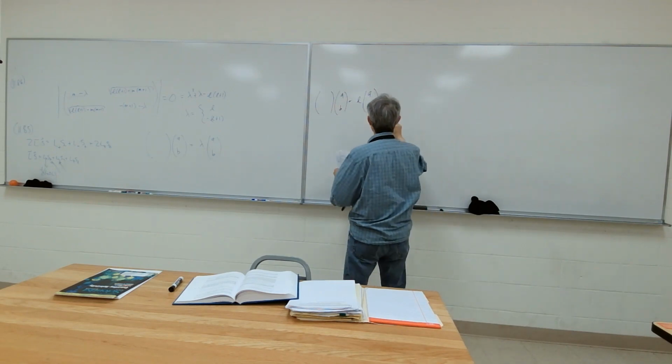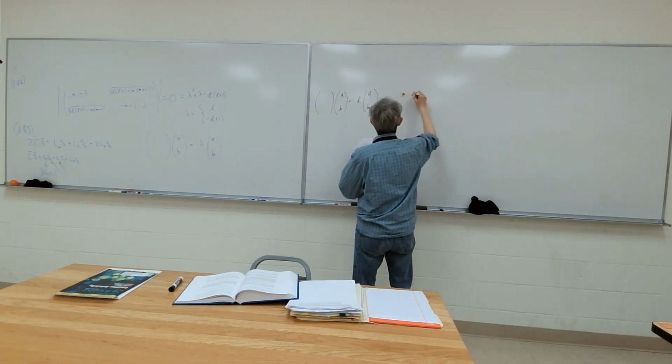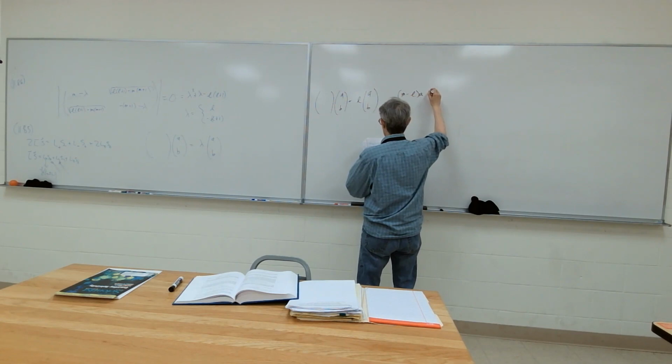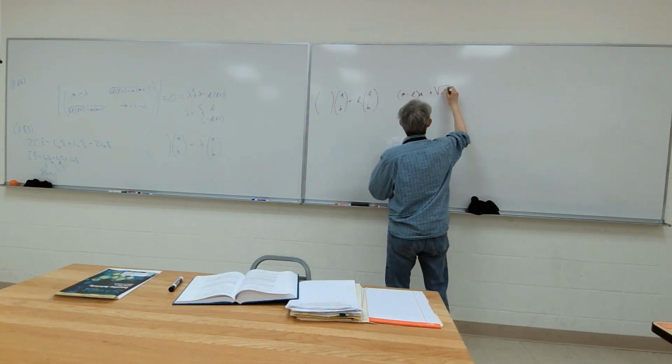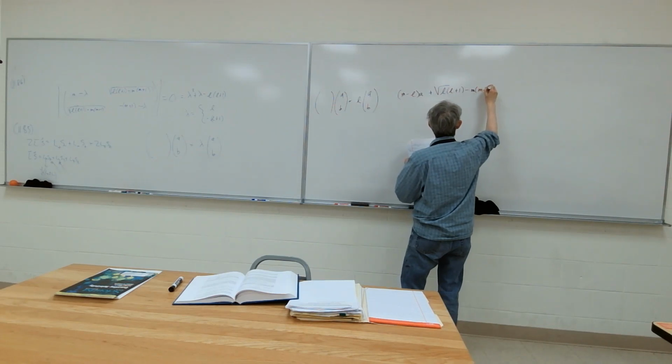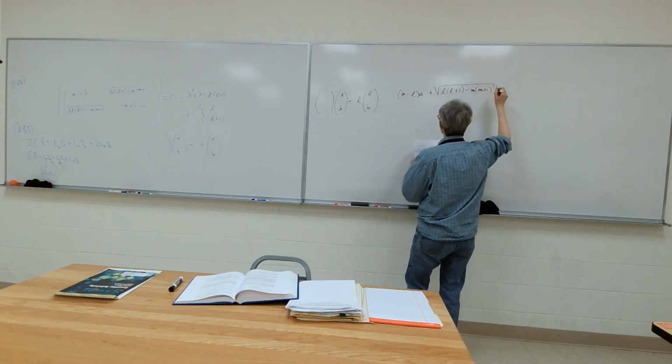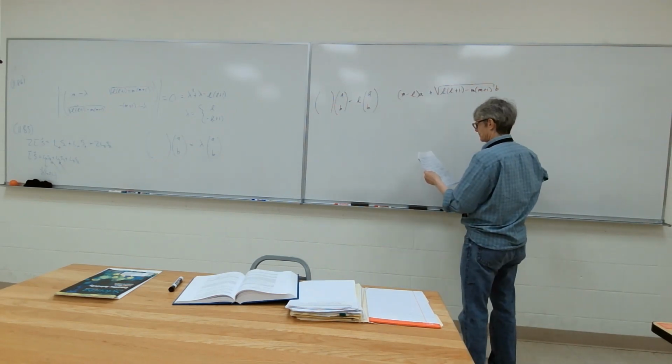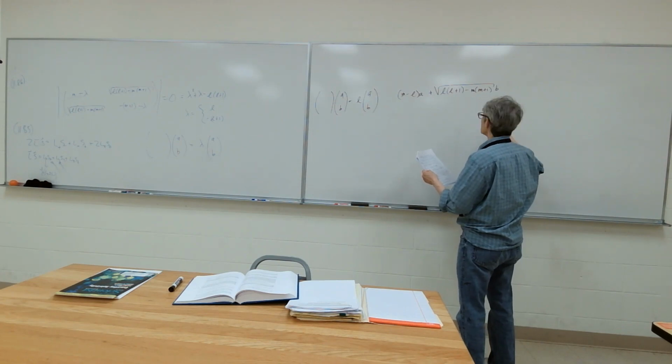So that gives me (m minus L) times A plus square root of L times (L plus 1) minus m times (m plus 1), times B, and that equals 0.